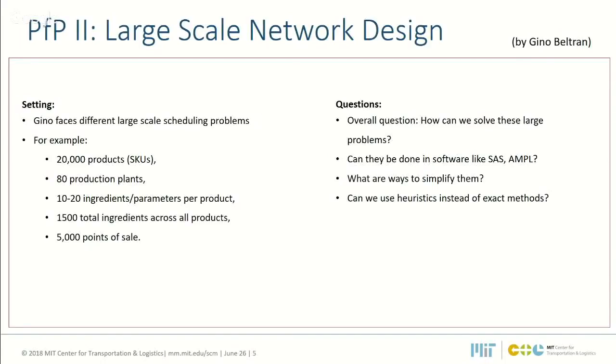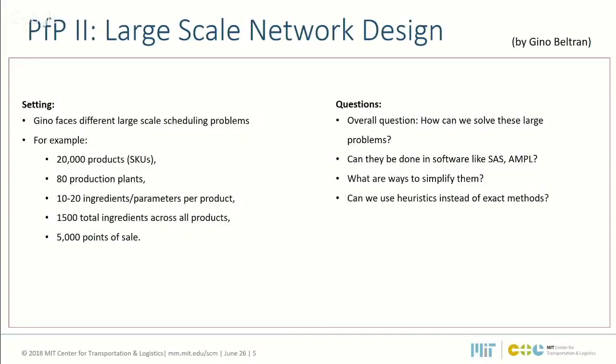In one example, he gave it abstractly, which is totally fine, they have 20,000 different products or SKUs, stock keeping units, over 80 production plans with 10 to 20 ingredients or parameters per product to set, with 1,500 total ingredients across all the products and 5,000 points of sale.